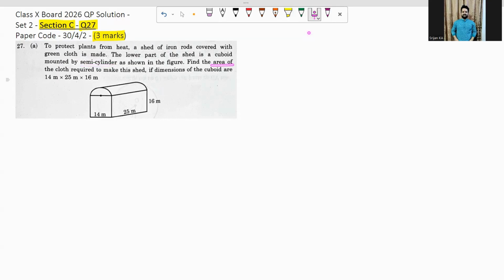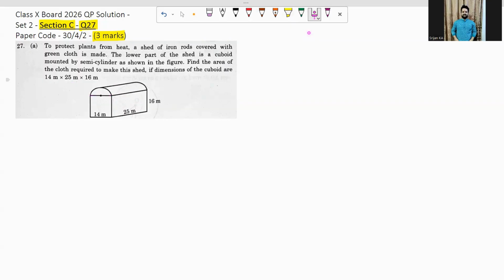So basically, all this area that we see, this area, this area, this area, overall is covered, and we have to find this surface area, wherein the dimensions for the calculation are given. So 14 meter is this dimension.